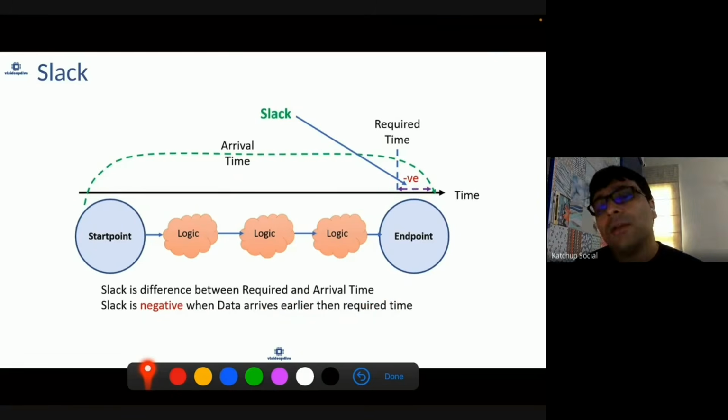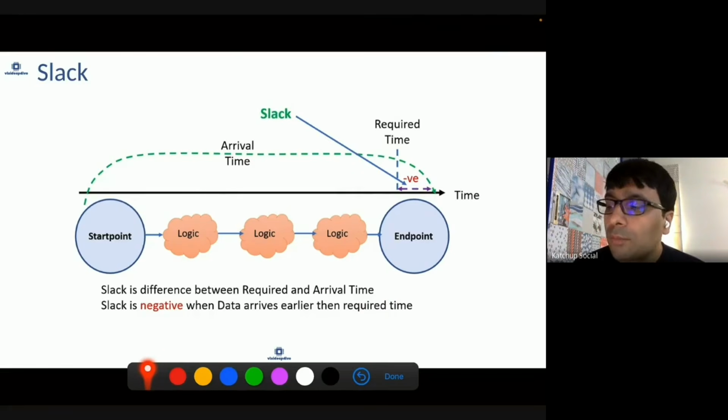That means you are not meeting timing. You need to fix the design, whatever you need to do, in order to meet timing. Because if you're not meeting timing, you will not be able to sign off on the design from static timing analysis, and you can have silicon issues. So you need to meet timing, and if slack is negative, you're not meeting timing on that particular path.